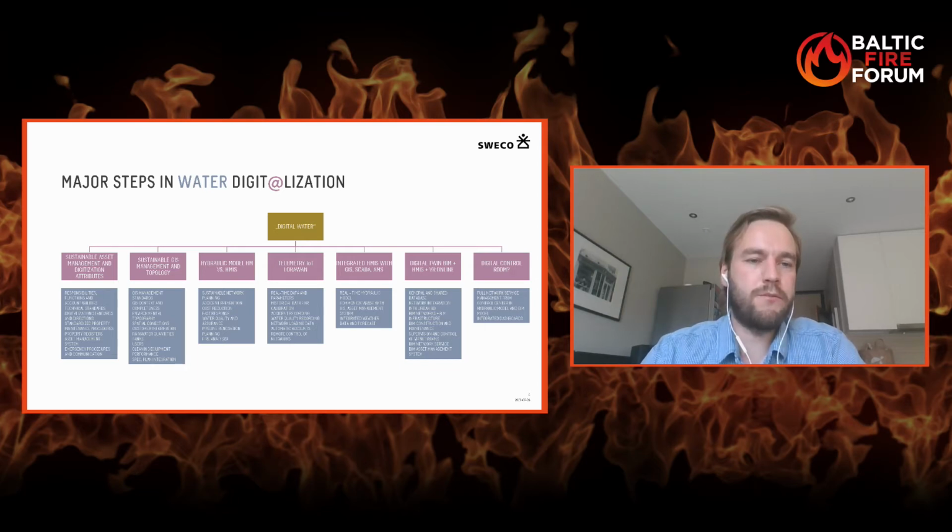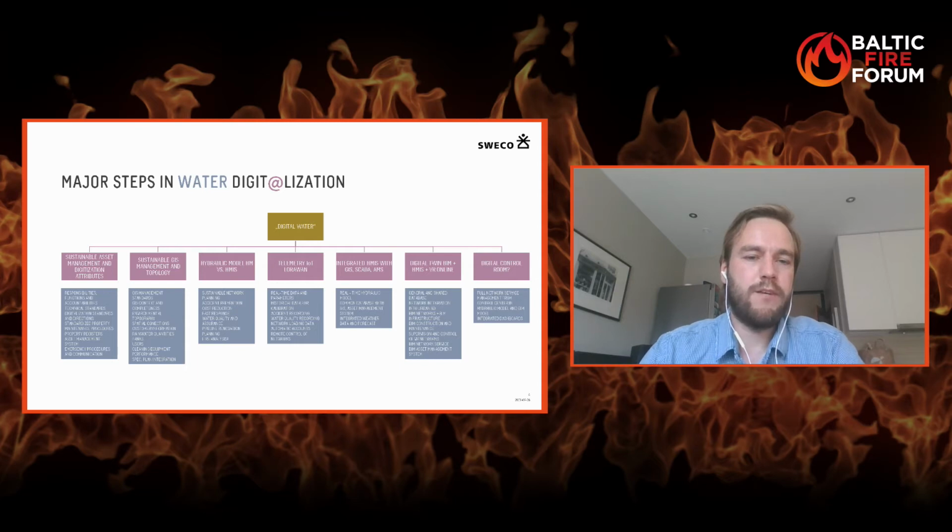So at first you have to have sustainable asset management and a digital attribute system. You also have to work with your GIS system and topology plans. And only then can you create your digital model.